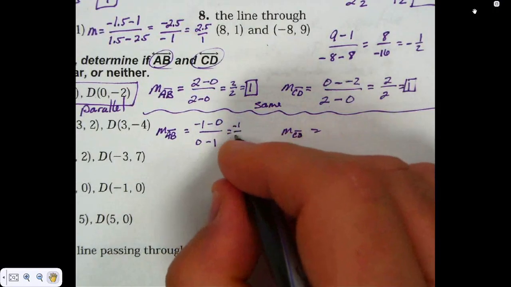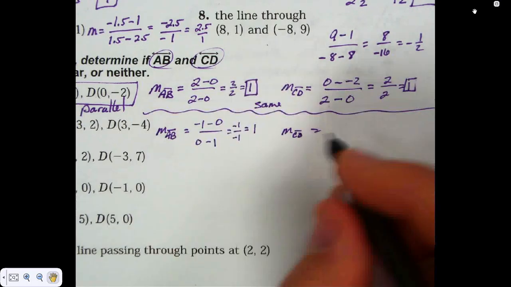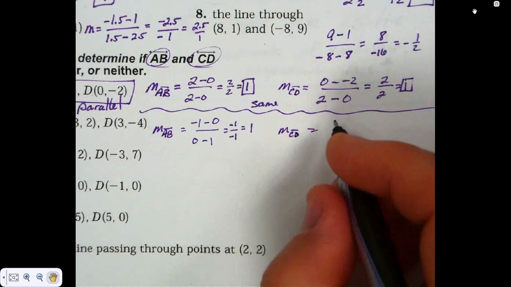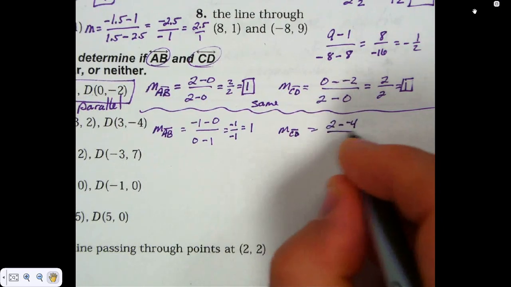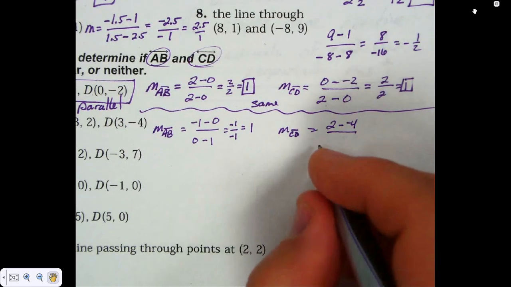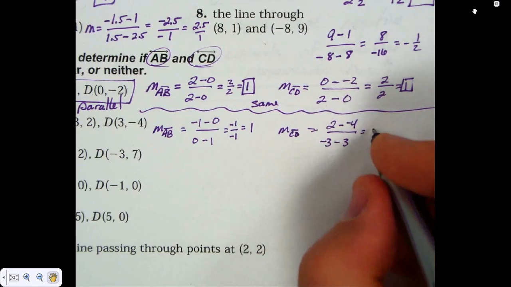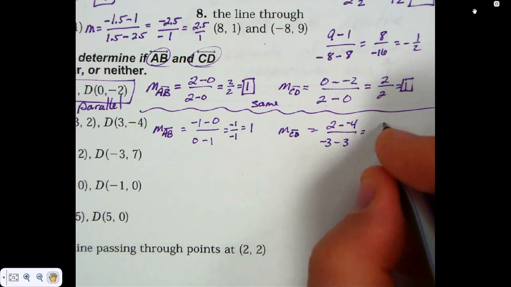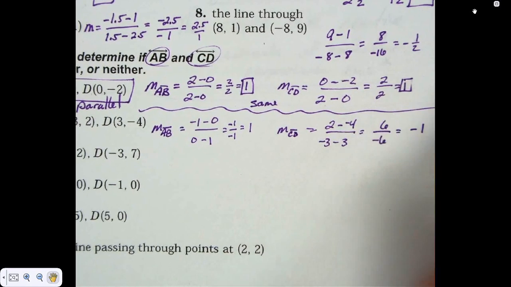A negative 1 over a negative 1, which is 1. For CD, I got 2 minus negative 4 over negative 3 minus 3. That becomes a positive 6 over a negative 6. The answer here is negative 1.